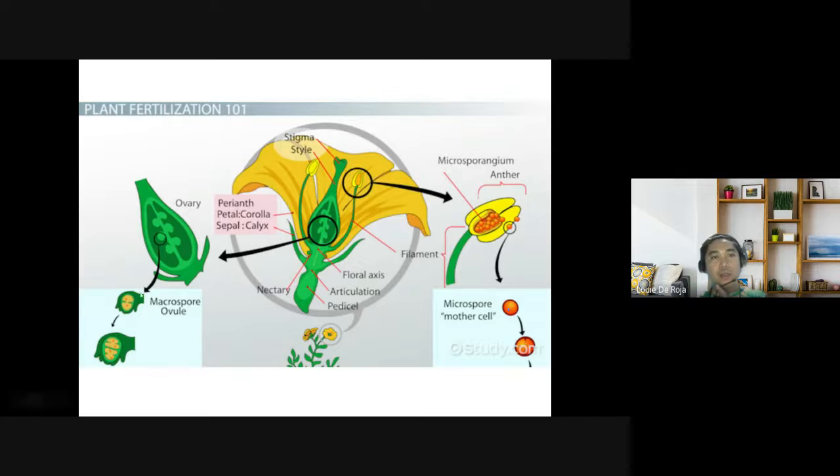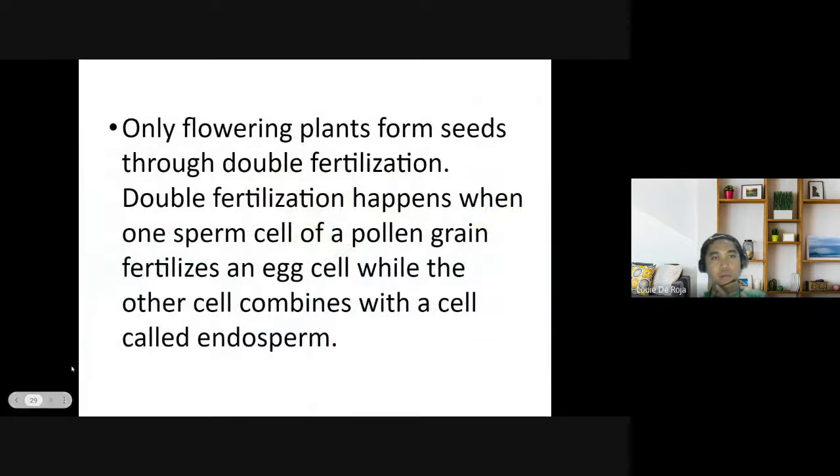Okay. How does fertilization occur? Okay, only flowering plants form seeds through double fertilization. Fertilization happens when one sperm cell of the pollen grain fertilizes an egg cell, while the other cell combines with a cell called endosperm.